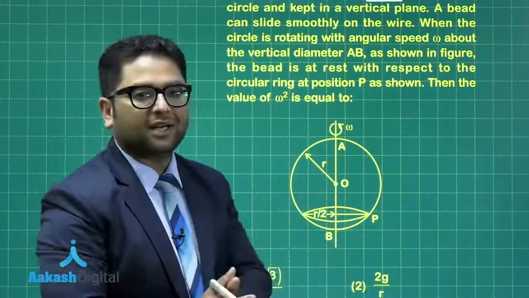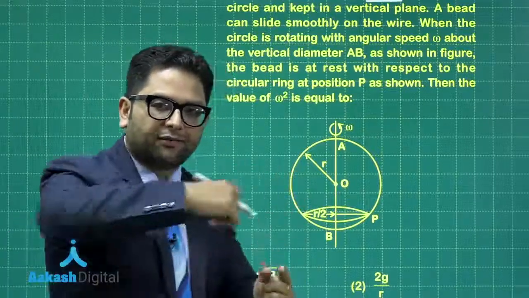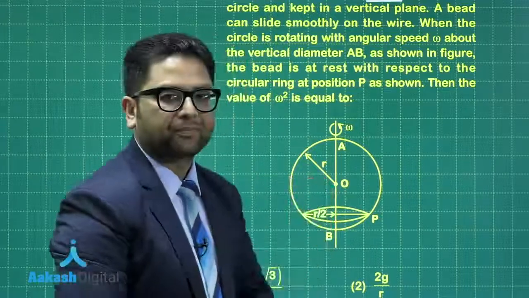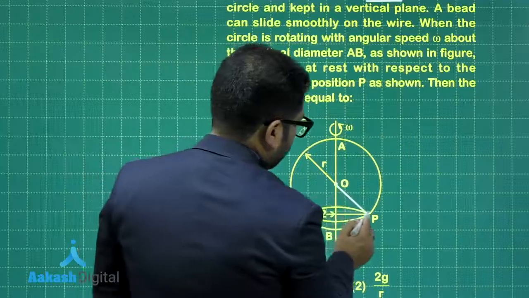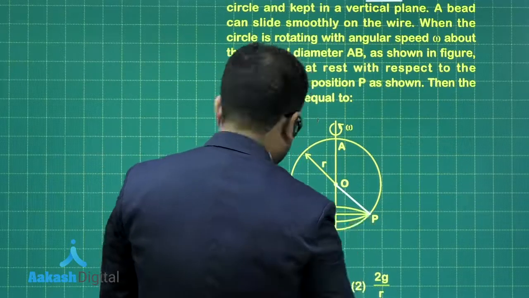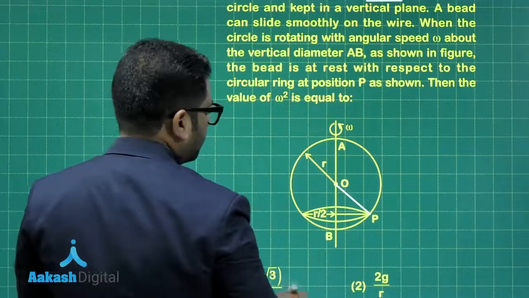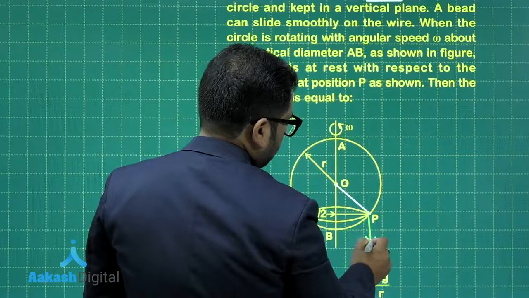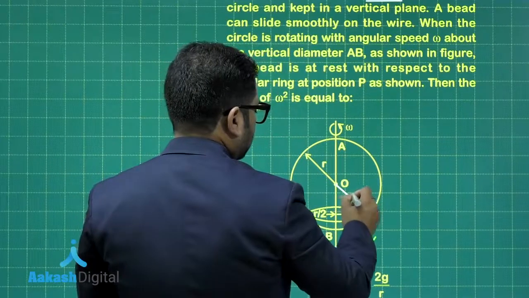And we need to calculate that value of omega square, for which the bead would revolve and keep its position here. Well, it's a simple concept of free body diagram, but here let me draw the reference. This is the case. Now, if I make the free body diagram here, one is the weight part, and second would be the normal reaction part, right?